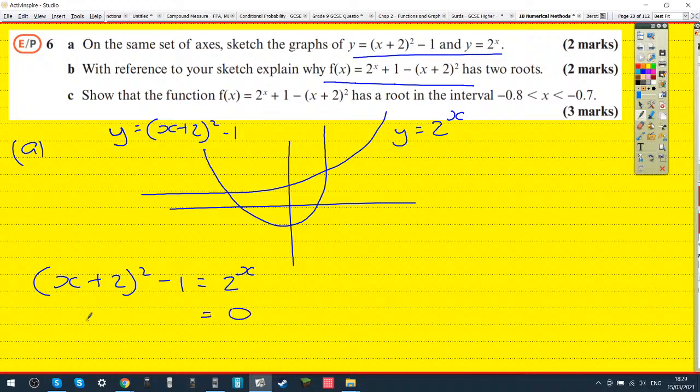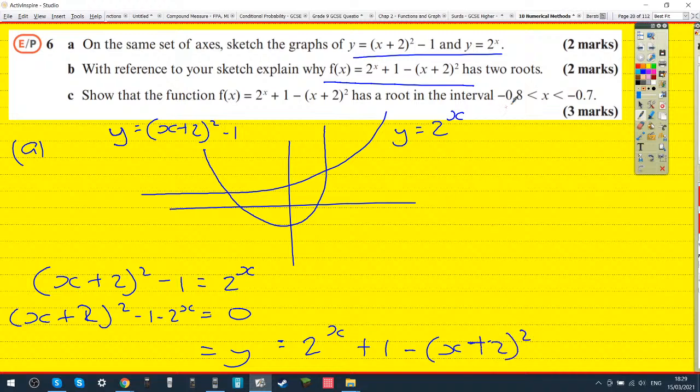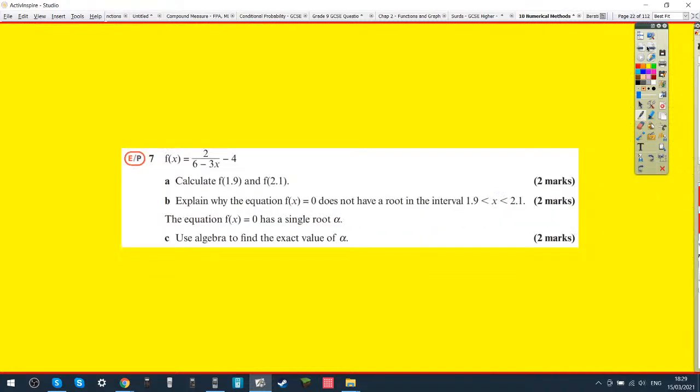Make that equal to 0. So it's like you're kind of trying to solve it. And then y equals it. I'll make it look like their one. The other side, 2 to the x plus 1 minus that. And then you graph that. Okay.